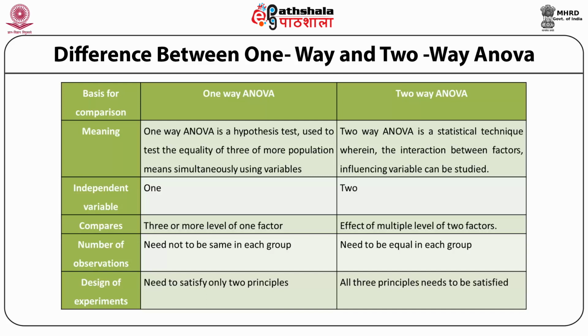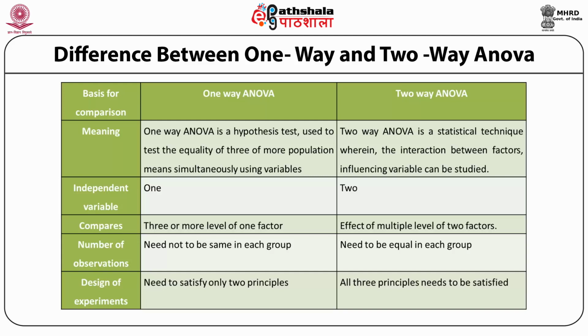So this is a two-way ANOVA. In one-way ANOVA, there are three or more levels of one factor, while in a two-way ANOVA, the effect of multiple levels of two factors is studied.